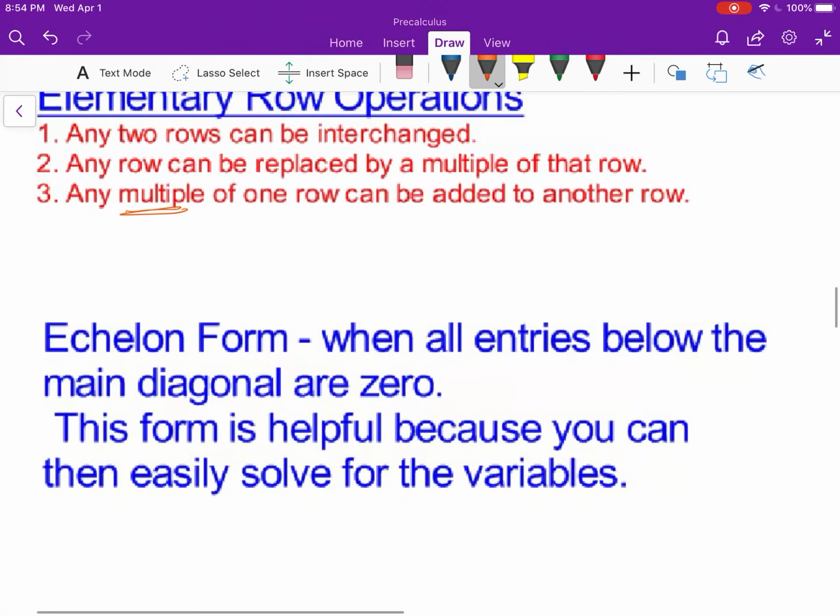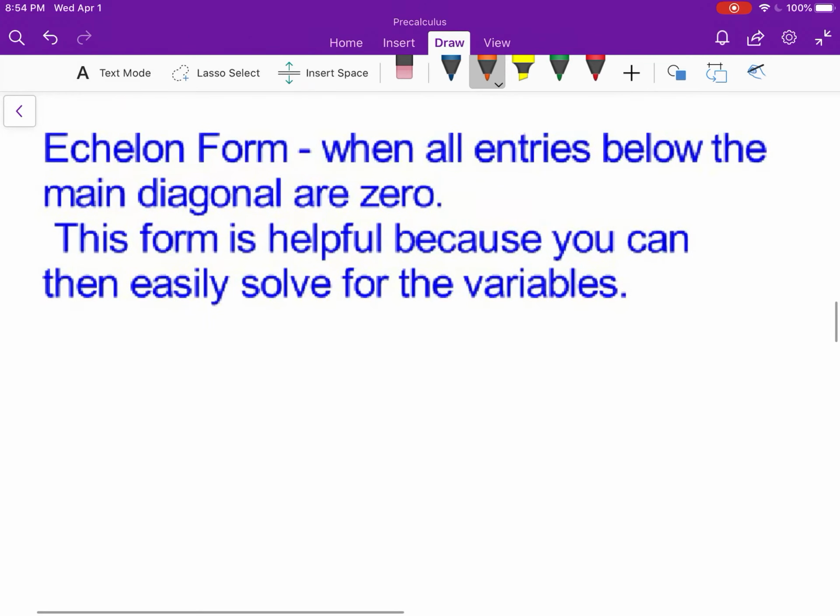So what we want to get to is what's called echelon form. Now, we did a 3x4 augmented matrix for a system of equations with 3 variables. Sometimes it will be even easier, and you'll have something that looks like this, where it's 2 equations with 2 variables.